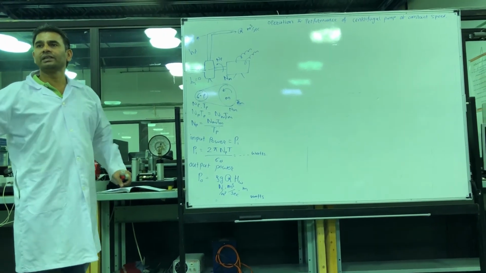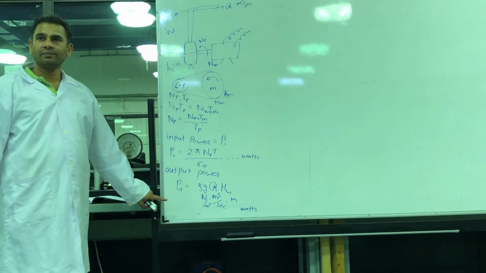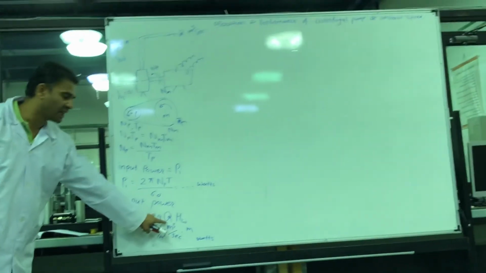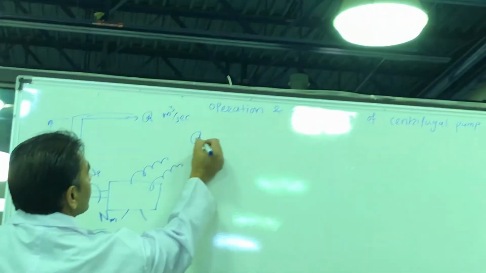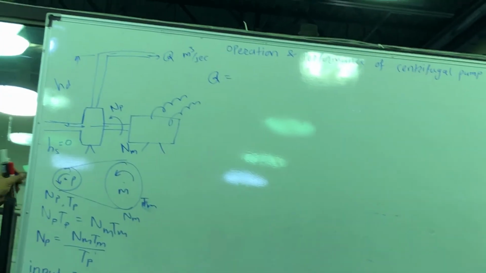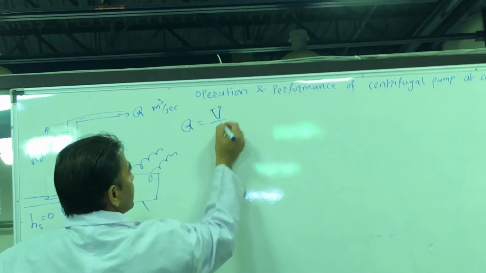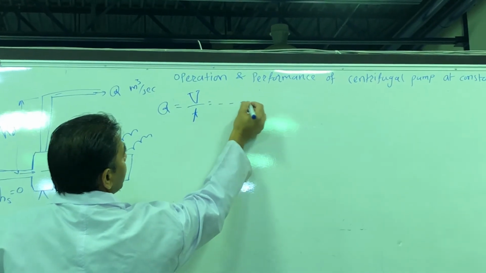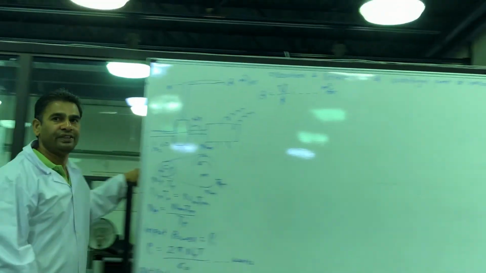Now what is the next objective? Next objective is we need to find input and output power. Then we need to have discharge Q. How can we find Q? Measure the time for 10 liter volume, and it is in meter cube per second. Then efficiency.